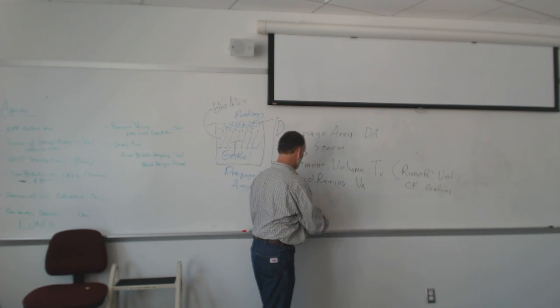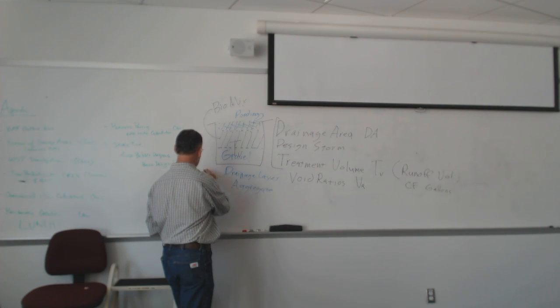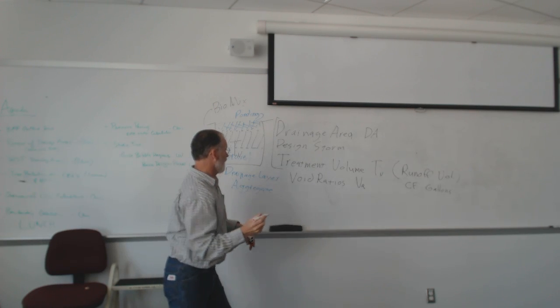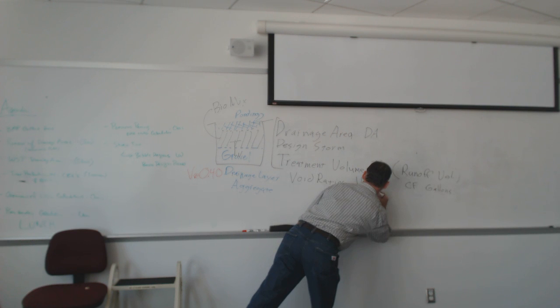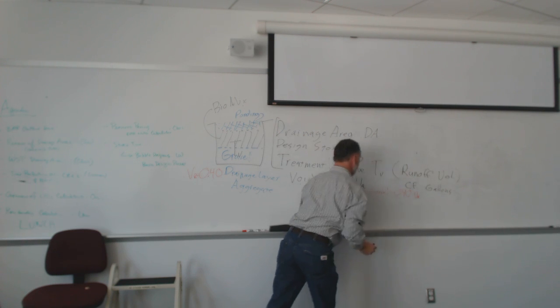And the number that we use for drainage layer aggregate is a void ratio. Let me put it over here. Can you see it if it's over here? Gravel is 40%. The void ratio.